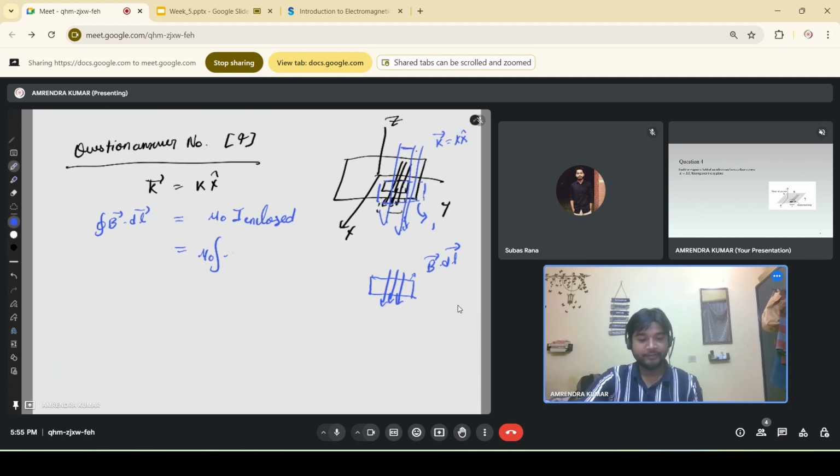We have to multiply it with the length, means this K x cap, and then we have to sum it over the area. So area is what? Area we have this.